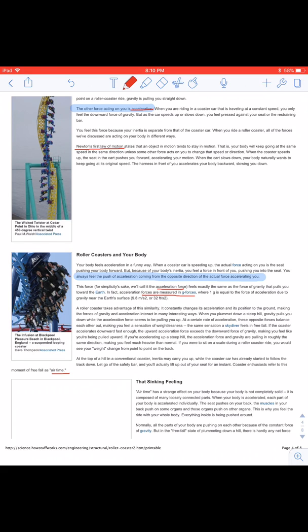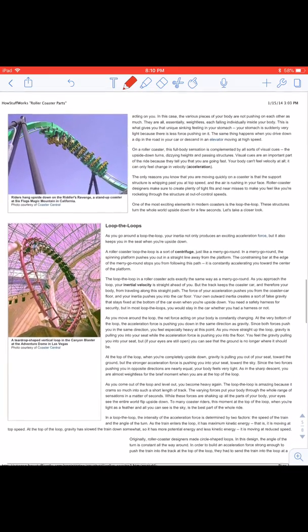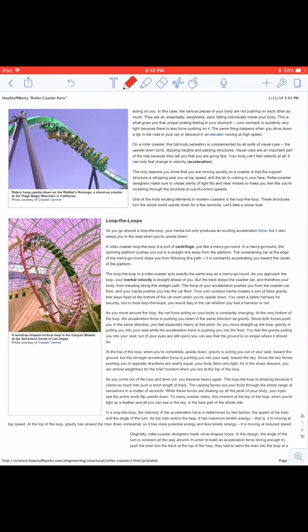Normally, all of the parts of your body are pushing on each other because of the constant force of gravity. But in the free fall state of plummeting down a hill, there is hardly any net force acting on you. In this case, the various pieces of your body are not pushing on each other as much.